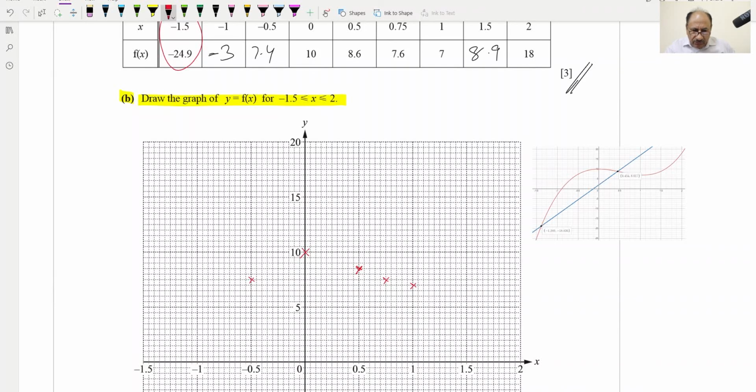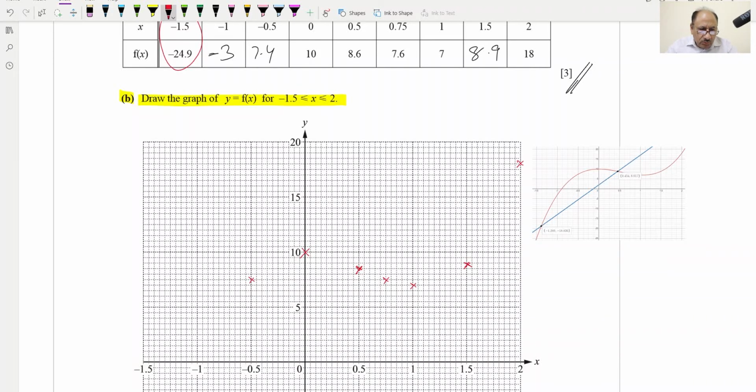Next value is 1.5 and 8.9. 8.9, 5, 6, 7, 8, 8.9 will be closer to 9. So we can take it over here. And for 2 it is 18, so 2 will be 15, 18 will be in this point. We got all the points.